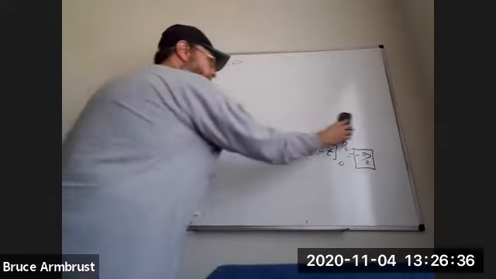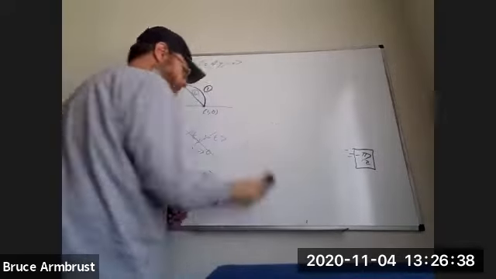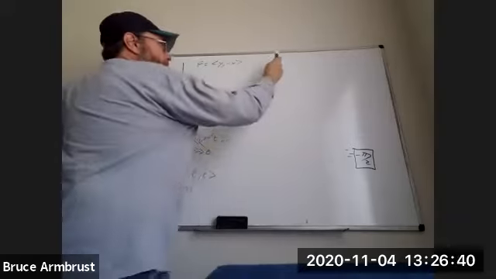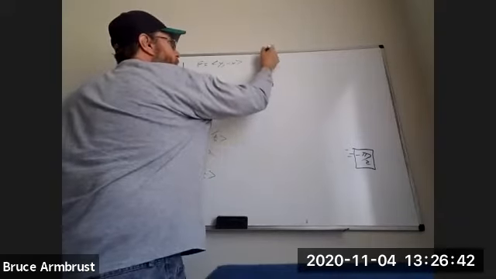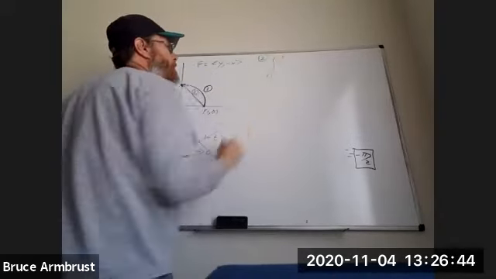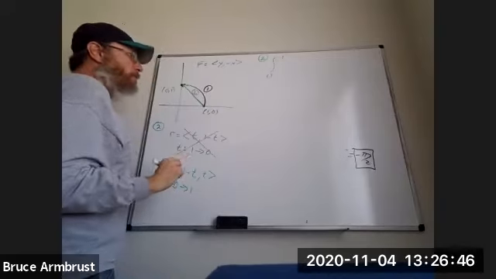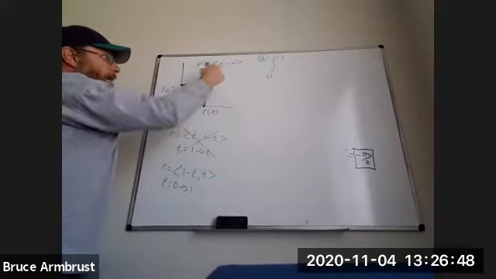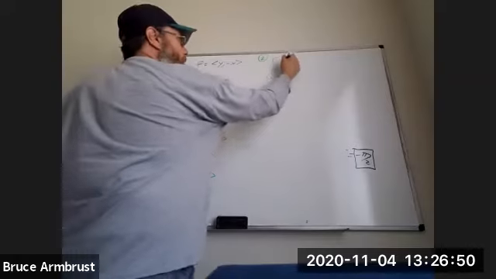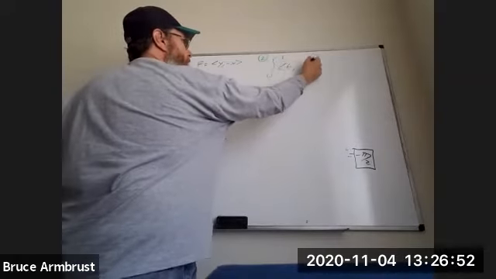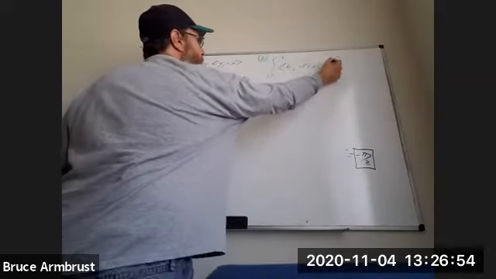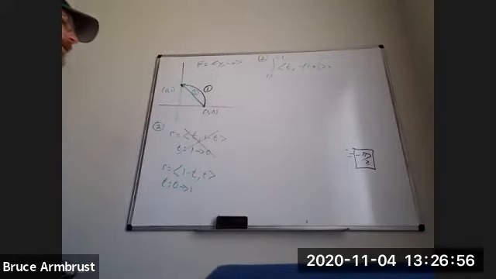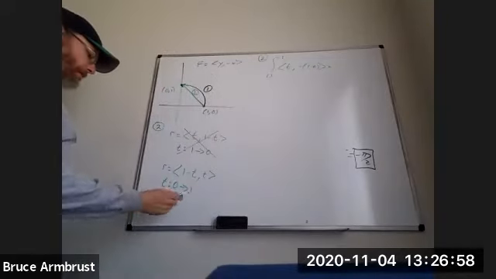So for this one, we're going to integrate from 0 to 1. Our field, again, is y comma minus x, so that's going to be t comma negative 1 minus t. And we're going to need to dot that with r prime.